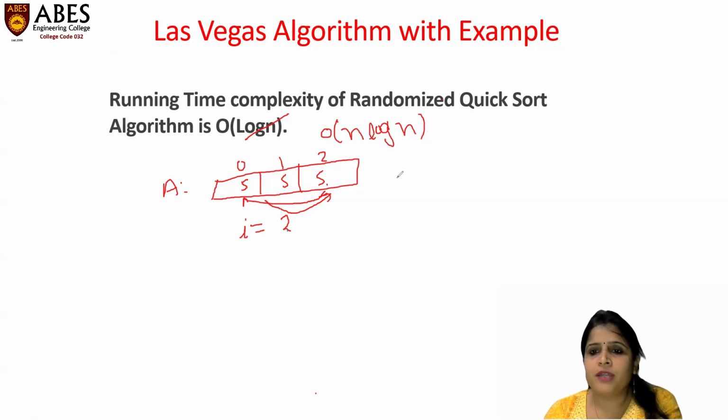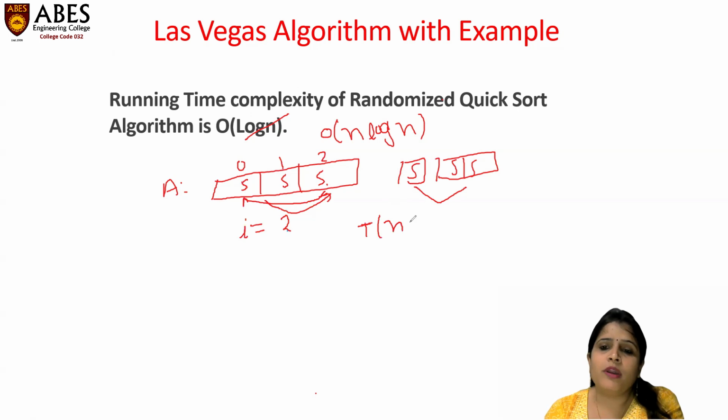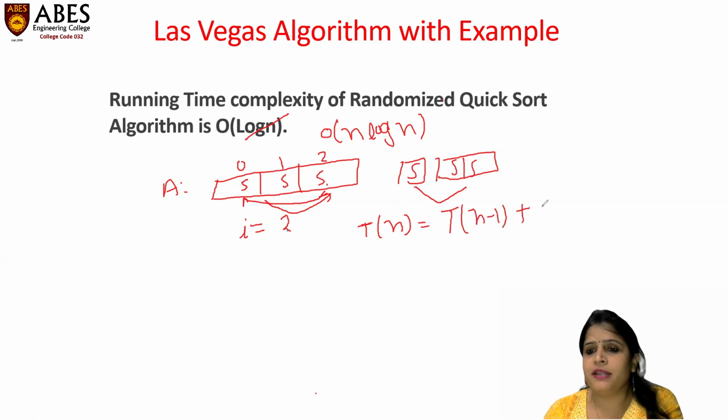So what happened after the partition? This will be 5, and after that this is 5, this is 5. This is our output. So you can see here the partition T of n in the case when all elements of the array are the same in randomized quicksort. T of n is equal to T of n minus 1 plus one single element, right?